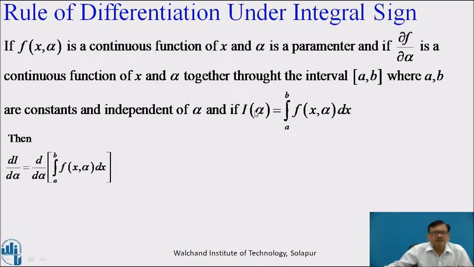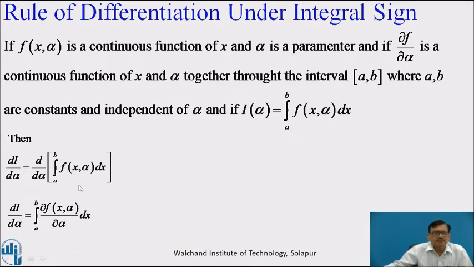Here we are differentiating both sides, and if you take it under the integral sign, dI by d alpha is equal to the integration from a to b of del f(x, alpha) by del alpha dx.